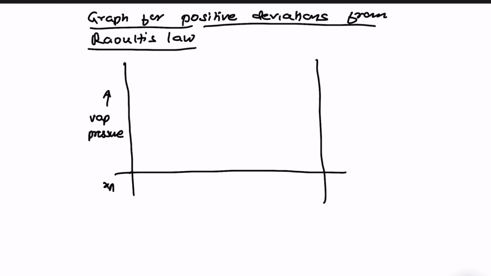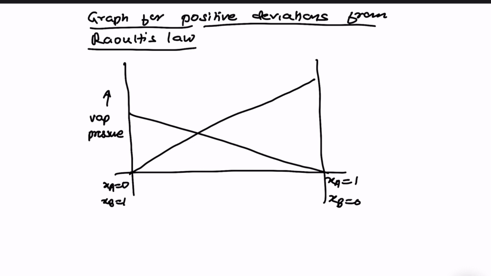Here XA is 0, XB is 1. Here XA is 1, XB is 0. Now, if it were an ideal solution, it would have been like this one graph. Since it is showing a positive deviation, the graph will go in the upward direction.